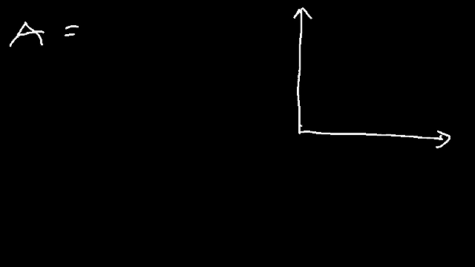To find the area using the midpoint rule, we're basically going to use rectangles for the most part. So here's the graph of x squared, at least the right side of it. And if we draw rectangles, we can use them to approximate the area under the curve.